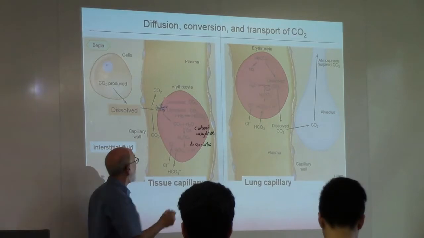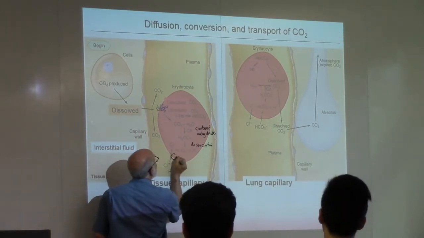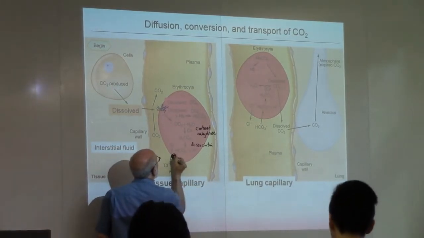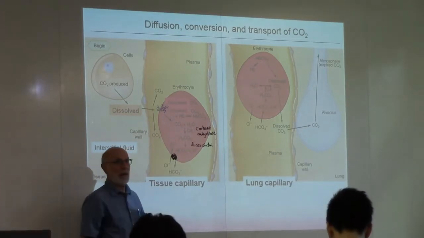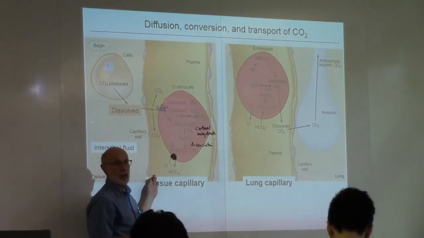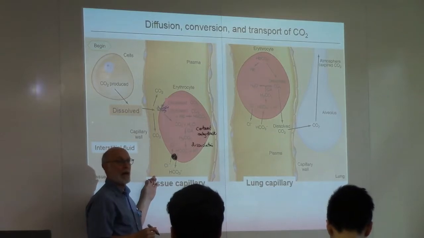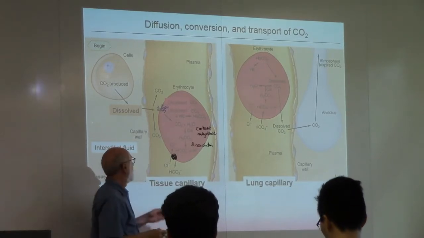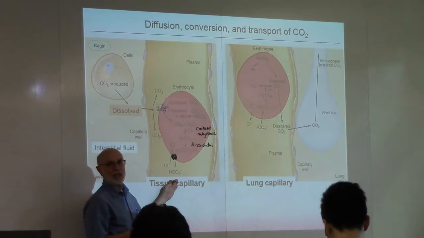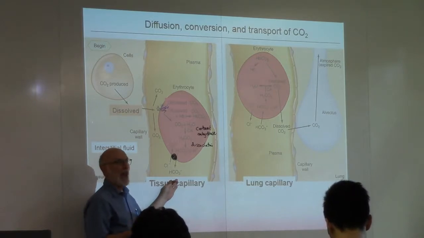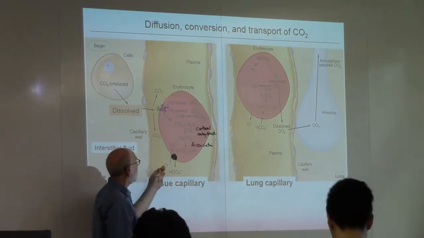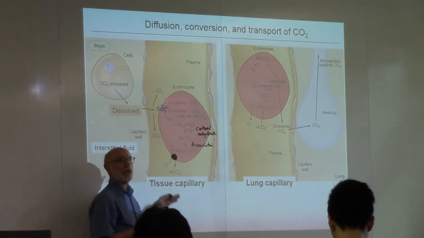Your book is really sloppy about this because there is a transporter, an exchanger, that has the very helpful name, the chloride bicarbonate exchanger. It tells you exactly what it does. The chloride bicarbonate exchanger is a protein.